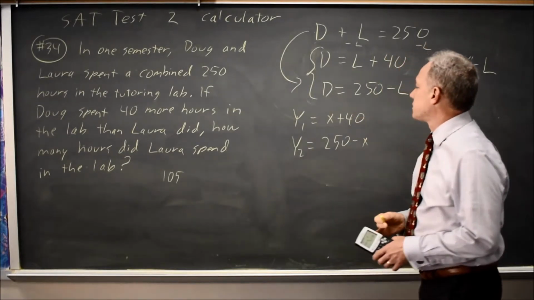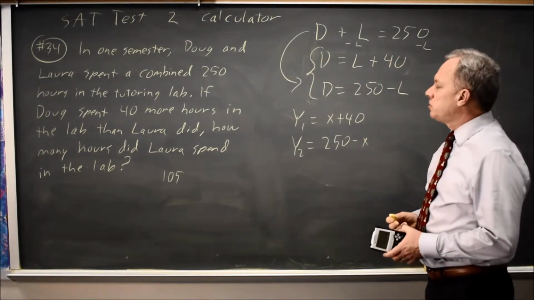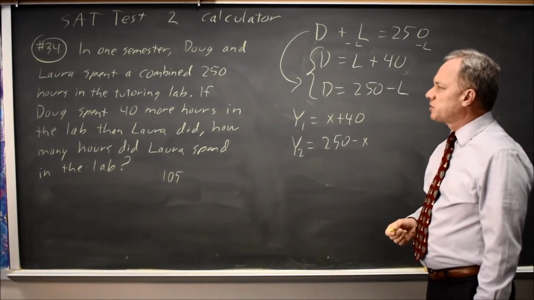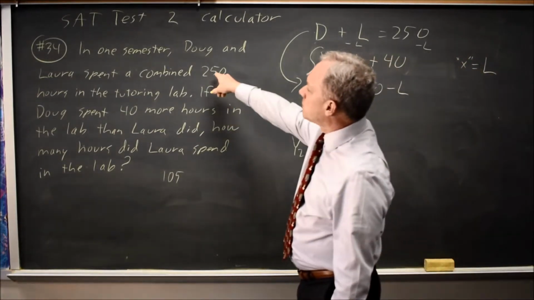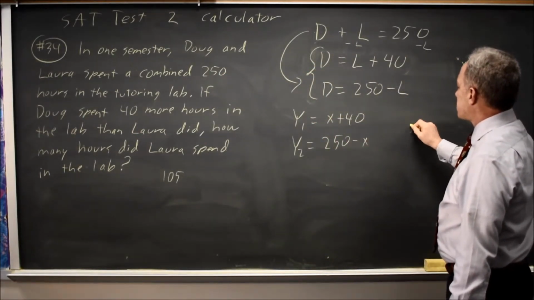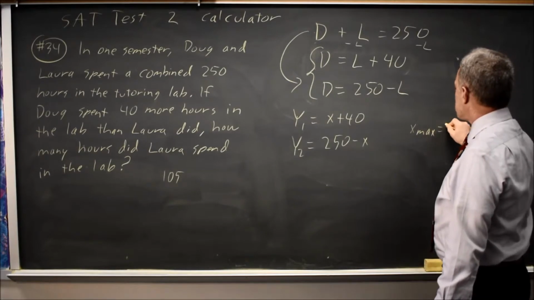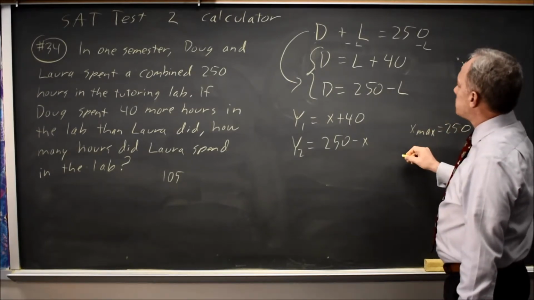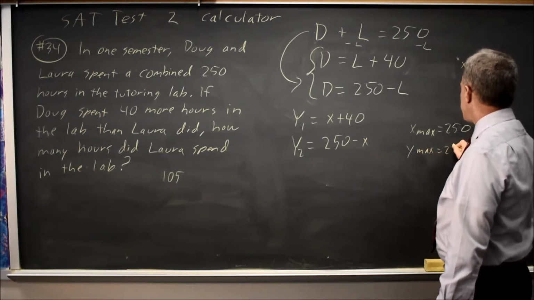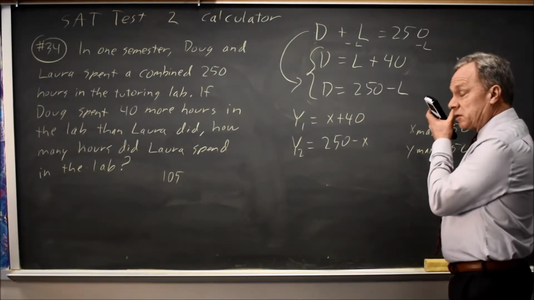Again, X is Laura's hours. If I choose a graphing window where I can see all possible solutions for X, so their combined hours is 250, I'm going to say X max equals 250. I'm also going to do Y max equals 250, and I should be able to see the whole graph.